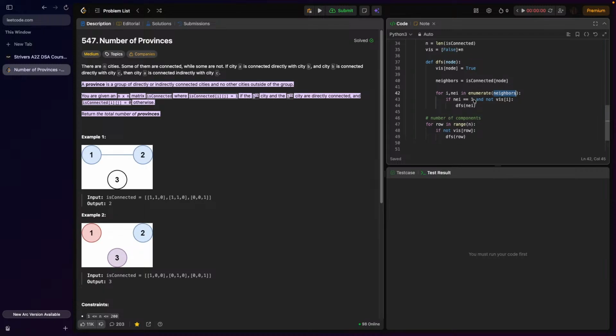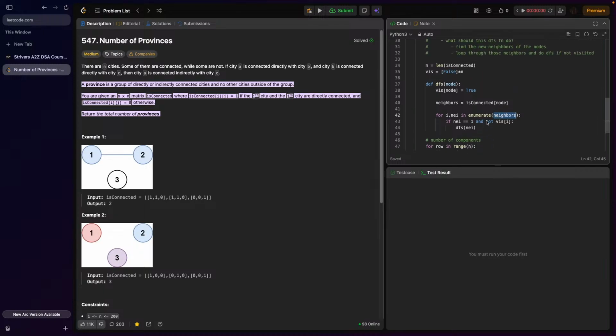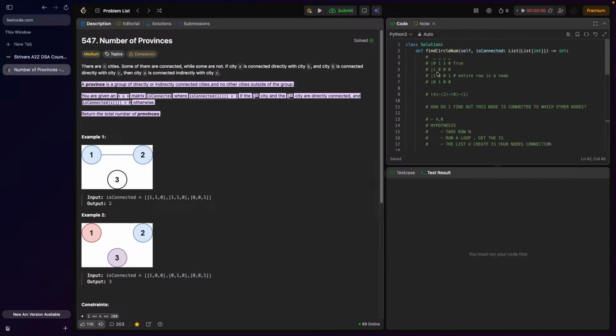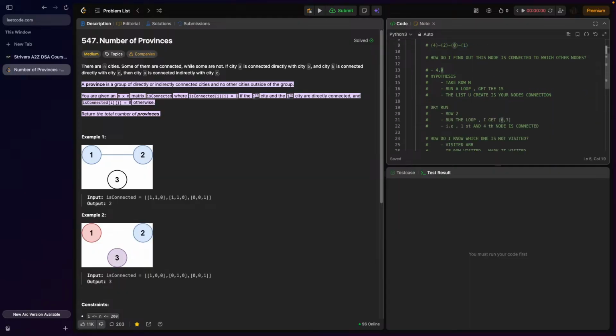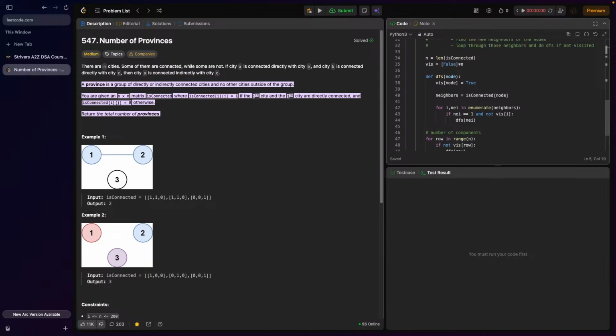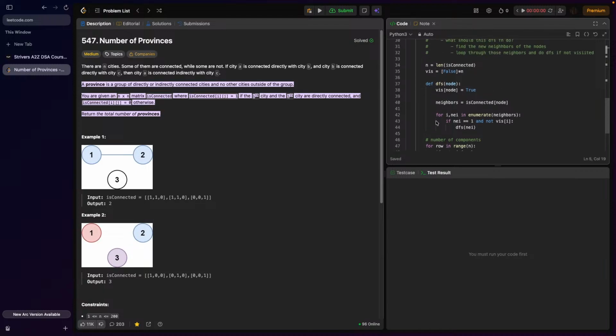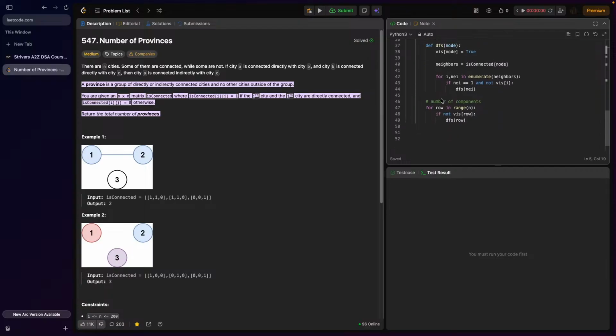If your neighbor is equal to 1 and your index is not visited, you put 0. This would be visited. Is this one not visited? Yeah, it's not. Put up a DFS, go here. Is 0 visited? Yes, so it skips that. It keeps going and going, and it skips everything. And yeah, this will pretty much do the job.